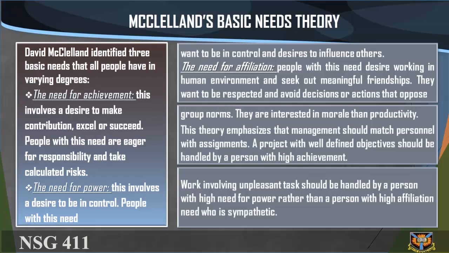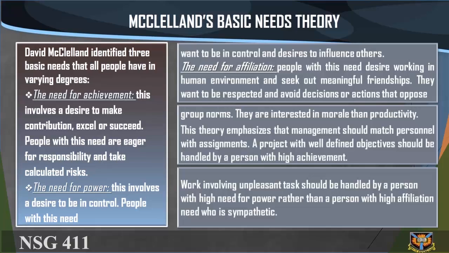3. The need for affiliation. People with this need desire working in human environment and seek out meaningful friendships. They want to be respected and avoid decisions or actions that oppose group norms. They are interested in morale more than productivity. This theory emphasizes that management should match personnel with assignments.